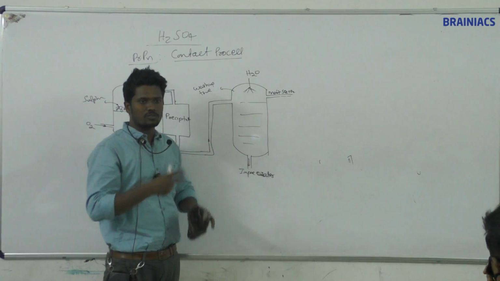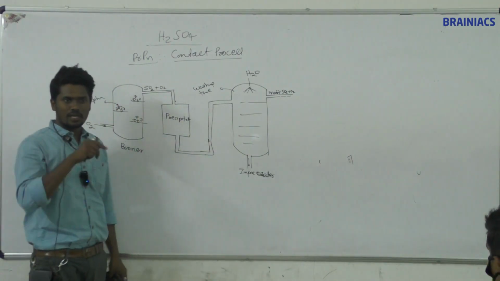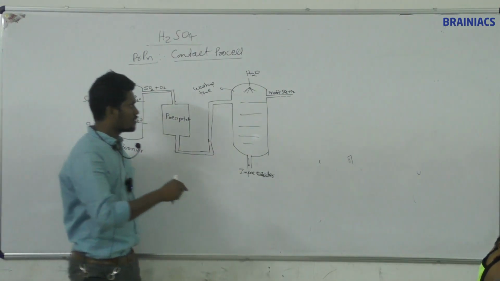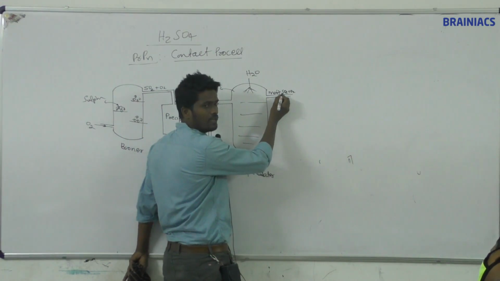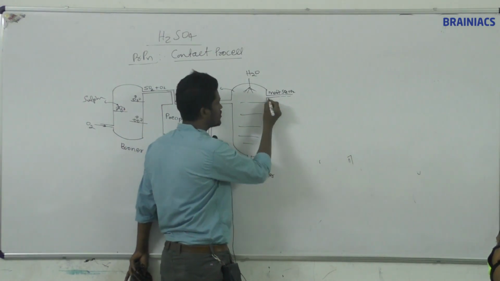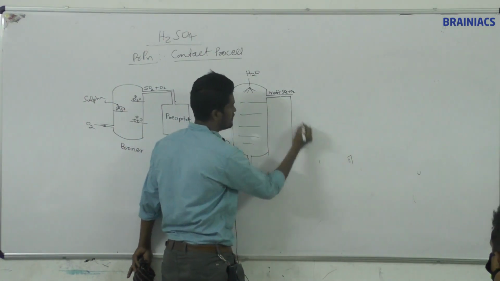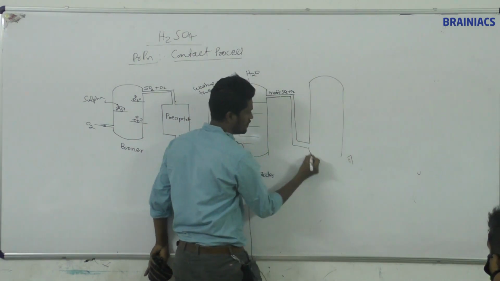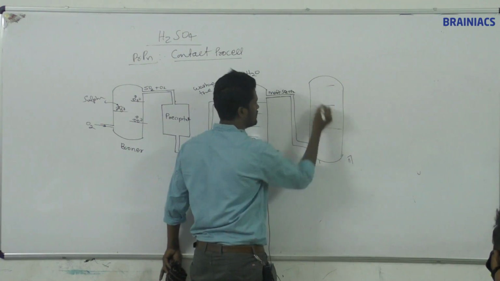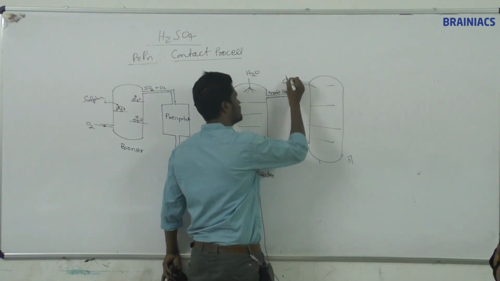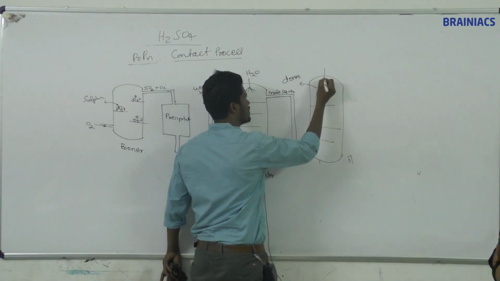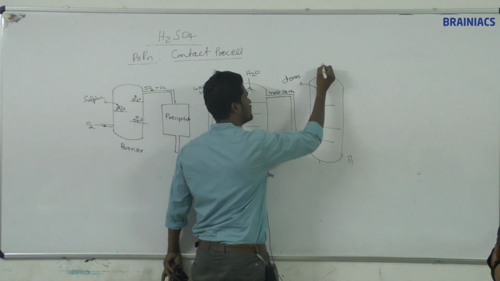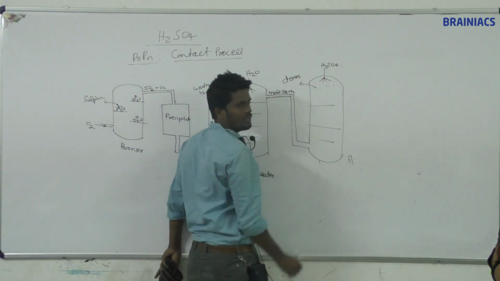What is the second process? Catalytic oxidation. So we require dry SO2 and O2. So next is a dryer. What is a good drying agent? H2SO4.